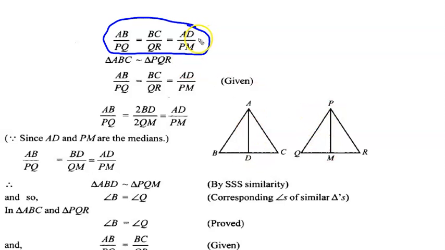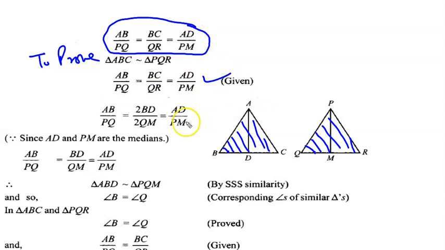So these three things. Now what you have to prove is that triangle ABC is similar to PQR. This is given to us as we find here.